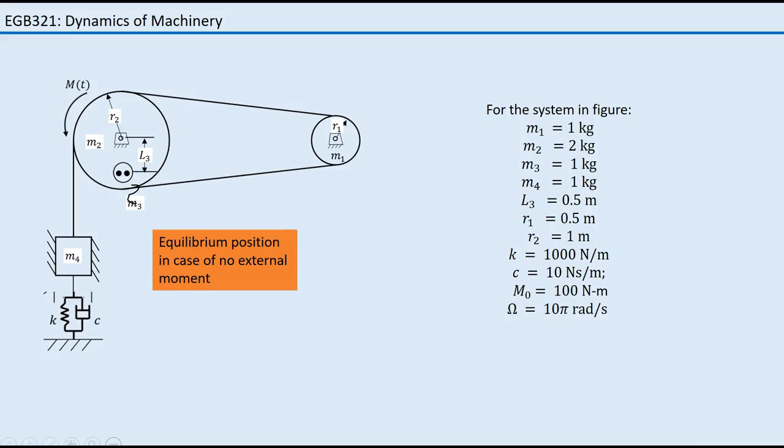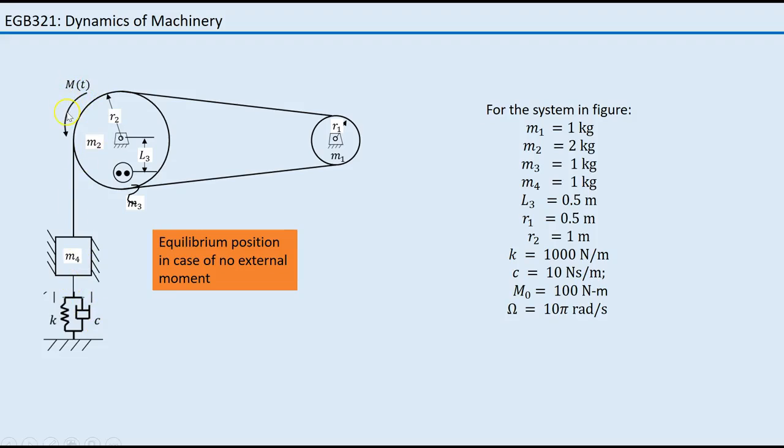So this is our worked example we need to solve, which consists of 2 pulleys. They are attached through a belt. A piston is attached to the bigger pulley through a cable. A spring and a damper is attached to the piston.